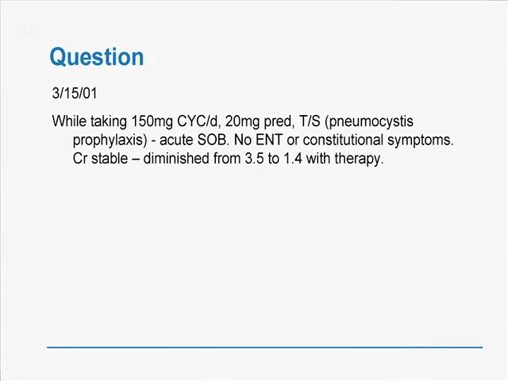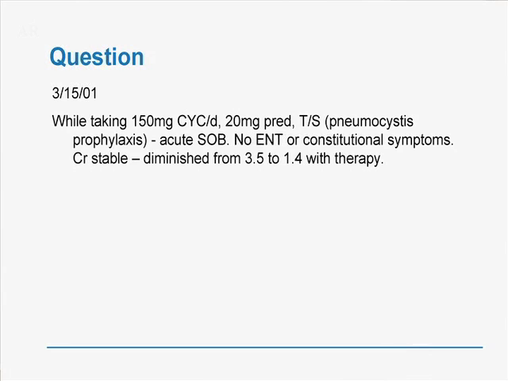And you could see within a matter of a month that his chest x-ray cleared completely. So now he's doing well. He's still on cyclophosphamide, taking 150 milligrams a day, 20 milligrams of prednisone. He's on Bactrim for pneumocystis prophylaxis.